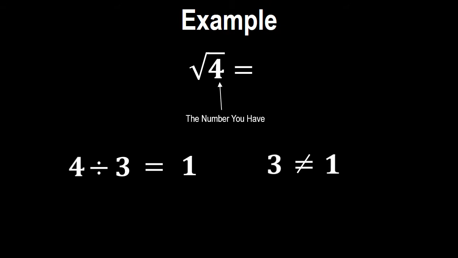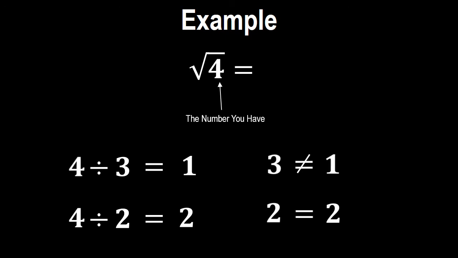Now let's try another smaller number. Let's put 4 down. Now let's try number 2. So 4 divided by 2 is equal to 2. Now let's see if the answer is equal to the number we used. So 2 equal to 2.